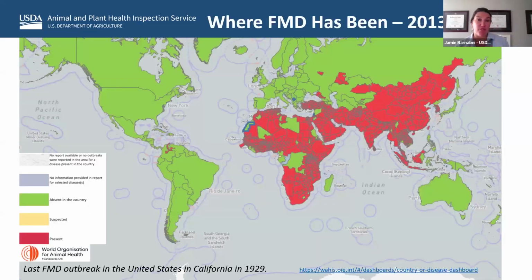Now, if we look at a map from WOAH, where has FMD been in the past 10 years? So we're looking at 2013 through 2023, and looking at this map, and I don't love that WOAH likes to use green and red, but you'll see there's a lot of red. And what part of the world do you commonly see that?